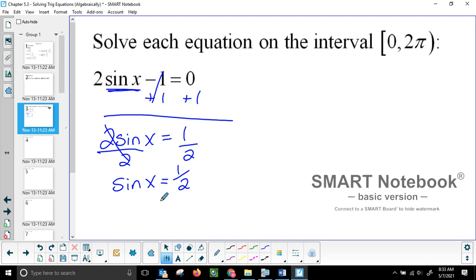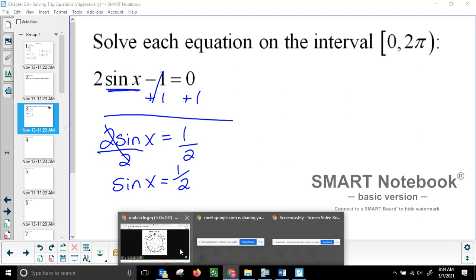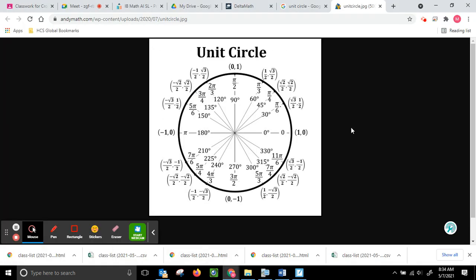Now before, when we did stuff like this, we would have taken an inverse sine, right? And then we would have just had x equals whatever we got when we did our inverse sine. Of course, inverse sine only deals with the right half of the unit circle, right? Here, it says to look at the entire unit circle. So all we do here is we say, okay, where on my unit circle is sine of x 1/2? Well, remember, sine is my y coordinate.